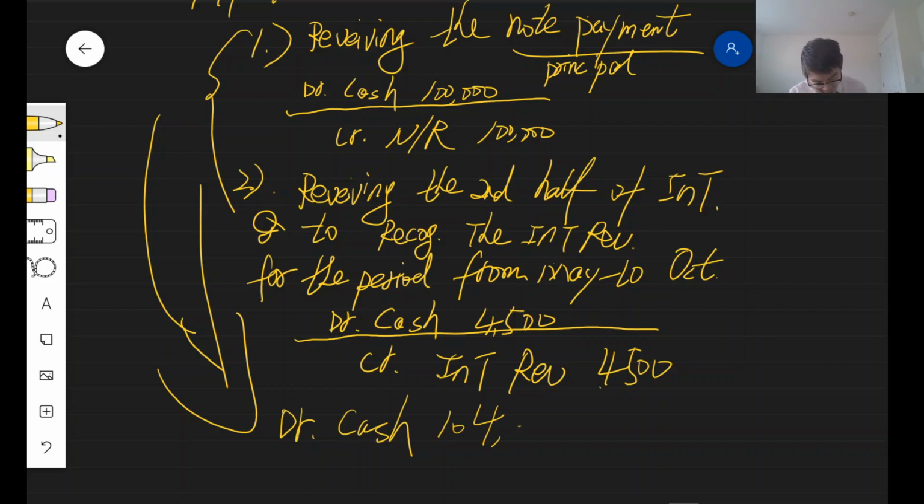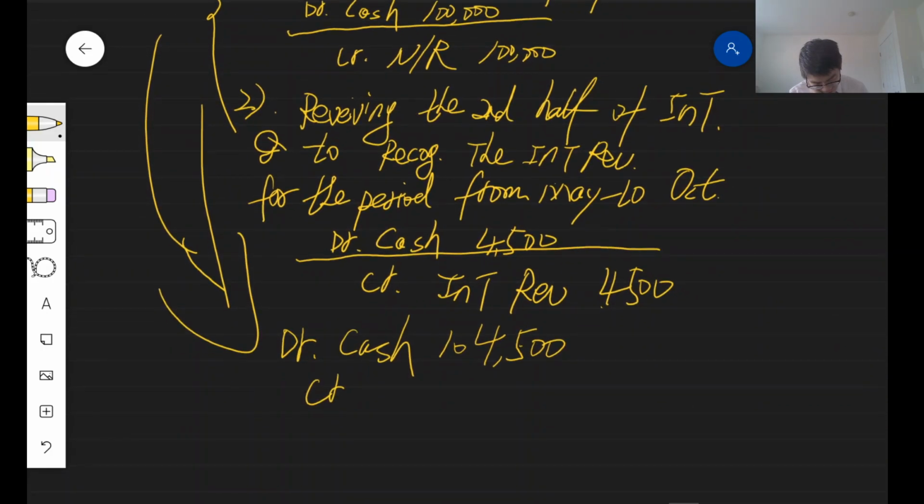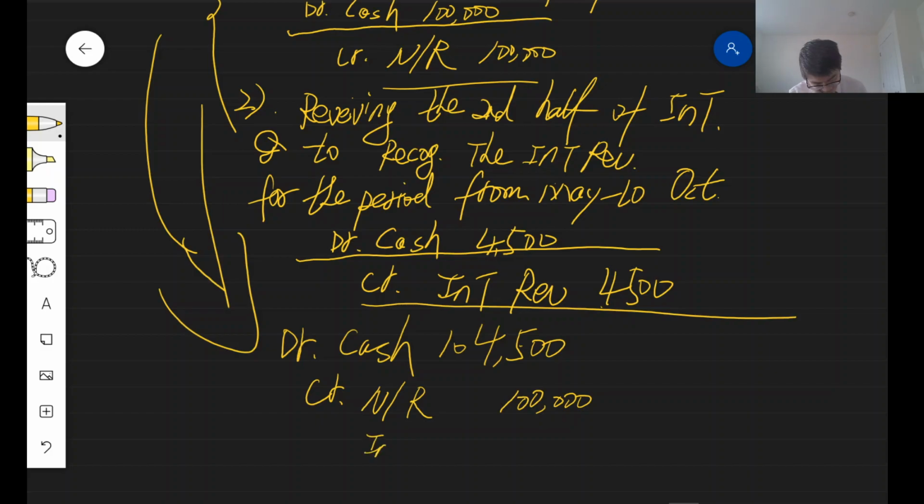And then we'll credit notes receivable for $100,000, and another part is interest revenue for $4,500.